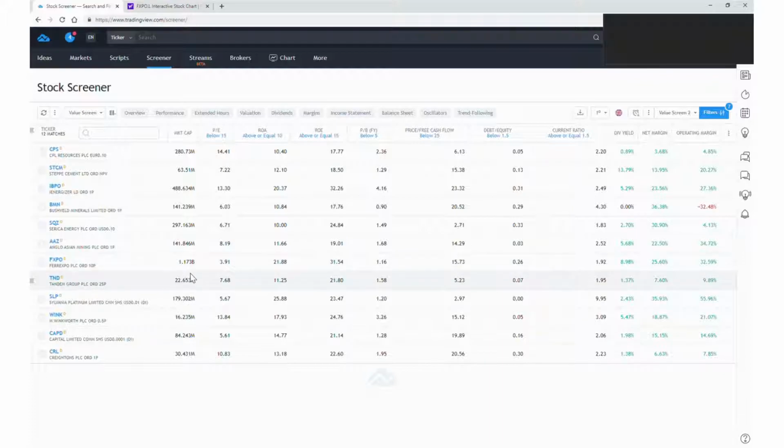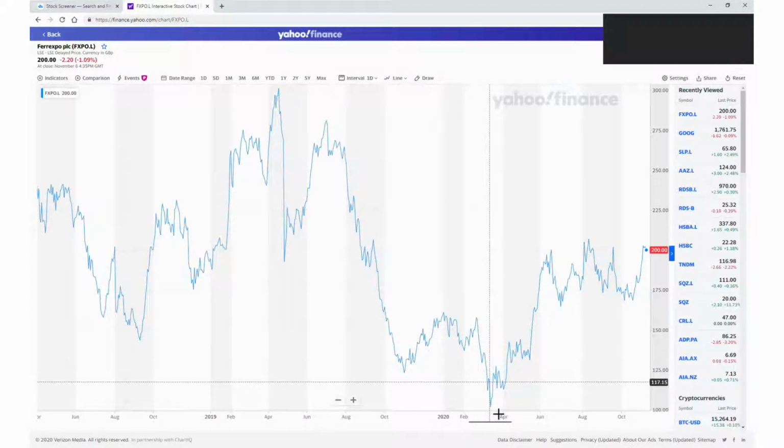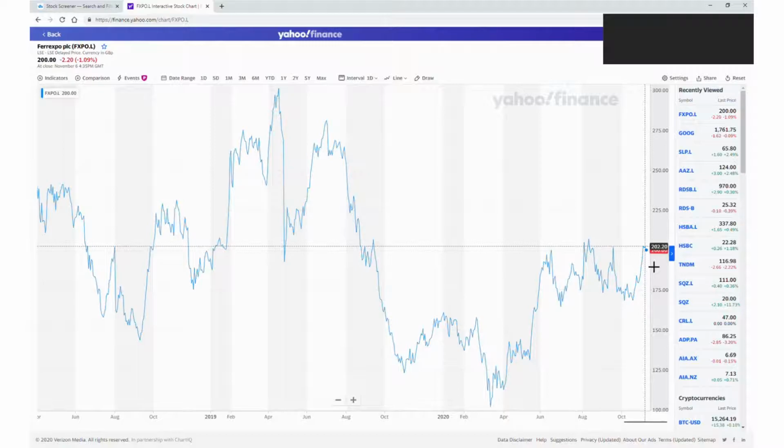Now, when we looked at the UK companies, a company that grabs our attention is Ferrexpo, or FXPO, who fulfill most of the criteria, very low price to book ratio, and you'll notice that their share price has increased from 107 pence to 202 pence since March.